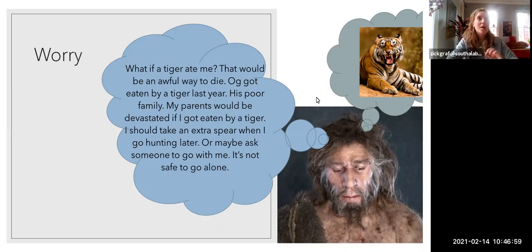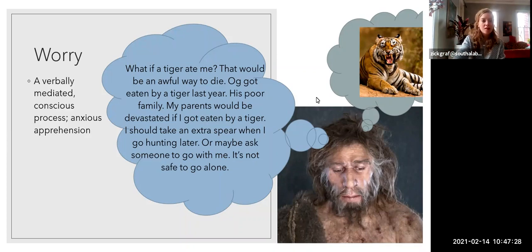And it may be the case that the part of worry that makes us feel bad, this sort of projecting ourselves into a future where the worst case scenario has happened, thinking about how upset your parents would be if you got eaten by a tiger, may create a motivational state in our bodies, a sense of worry and dread and apprehension that actually motivates us to engage in the other process of worry, the problem solving part. This would be terrible. It's not happening right now, but I think about how terrible it would be to motivate myself, even though it's not an immediate present danger, to solve it.